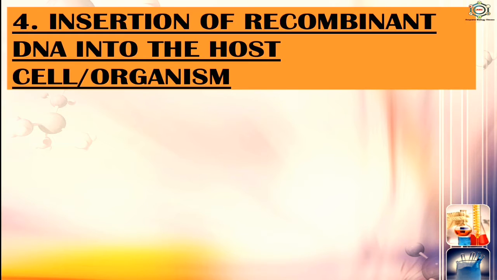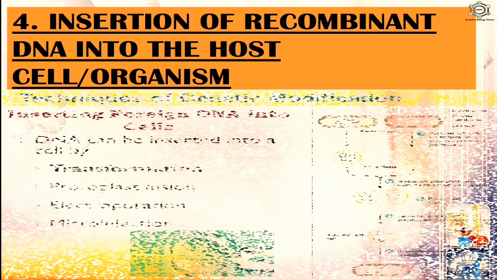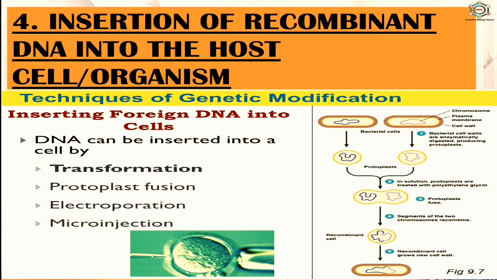Now, the fourth step is the insertion of recombinant DNA into the host cell or organism. Here you can see techniques of genetic modification, that is, inserting foreign DNA into cells. DNA can be inserted into a cell by transformation, protoplast fusion, electroporation, and microinjection.